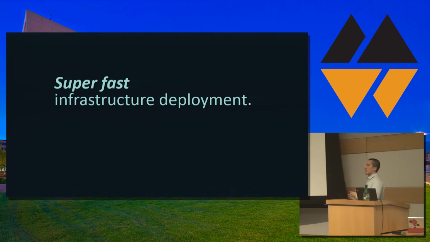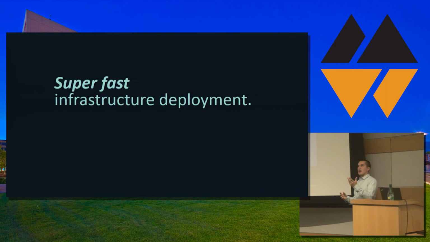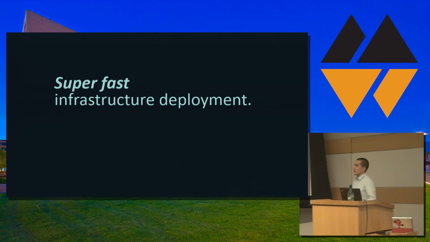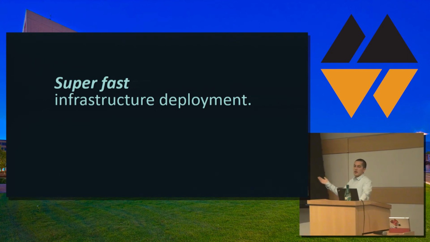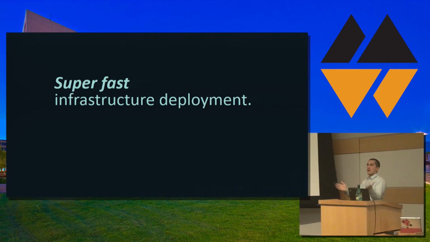A more stateful server like a database, or if you're deploying a web server that has a lot of dependencies, could take 10, 30 minutes. I've seen longer than that, but that's a little crazy. But it could take a long time. With images, if you have the slow parts baked in, you just launch the server, and that part's done. There's just a little bit of orchestration to do after that.